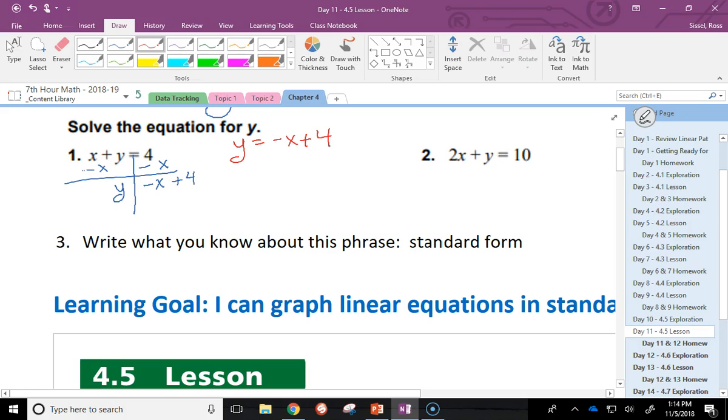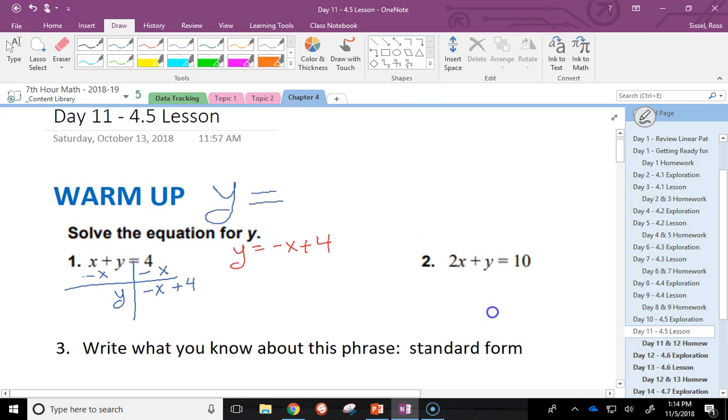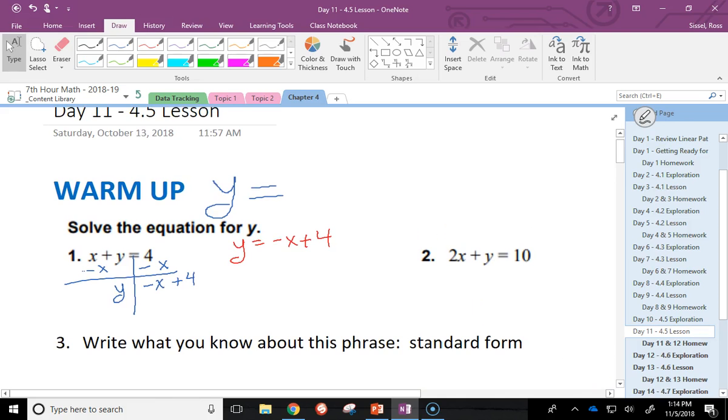This is slope-intercept form. Do not forget that slope-intercept is y equals mx plus b.